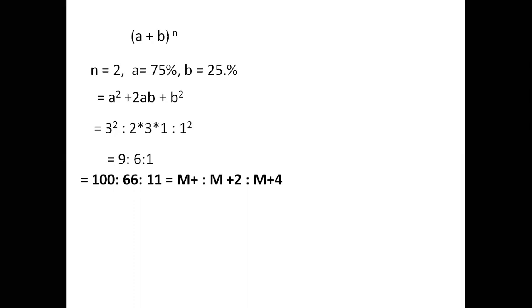So the M plus 4 peak would be 11%, and this M plus 2 peak would be 66%, and this M plus peak would be 100%.